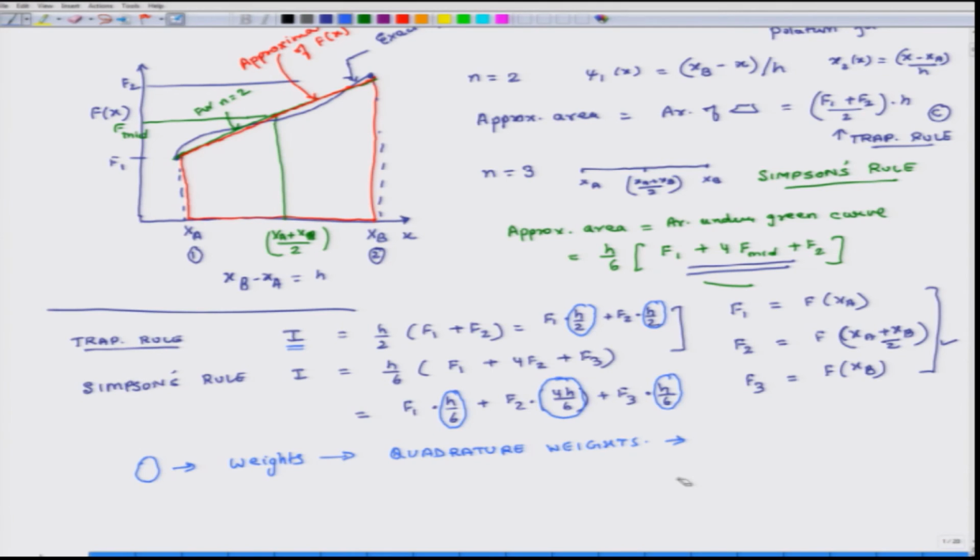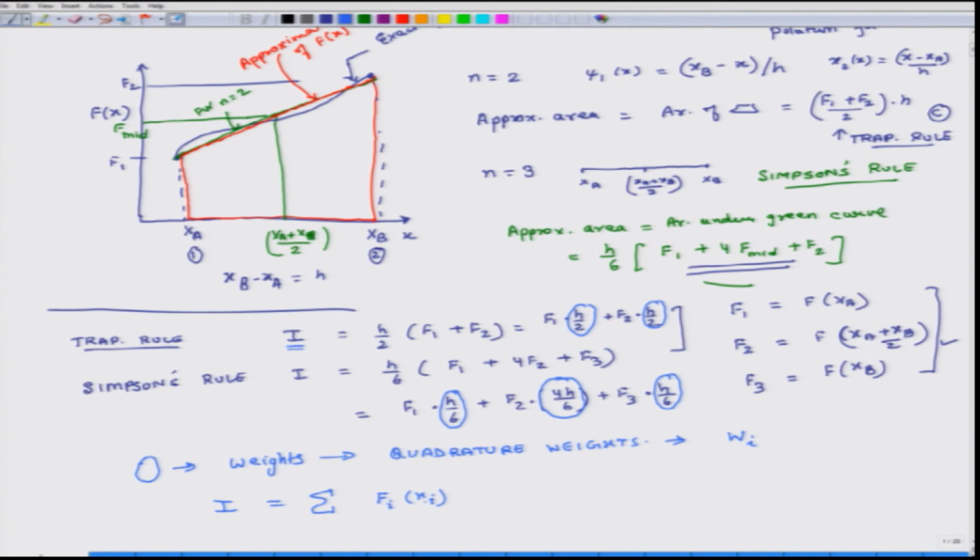So, in general, my approximate integral can be written as the summation of fi, f at node i.